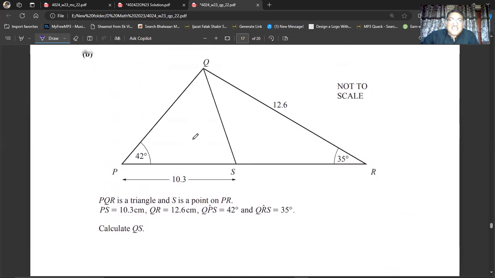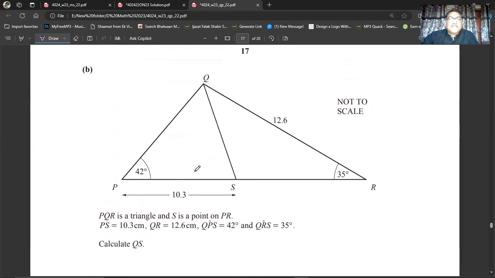The strategy is simple. You know this angle, you know this angle. So in this big triangle, you can find out this angle. So the angle PQR can be found. That will be 180 minus 42 minus 35. Once you know this angle, then you can apply the law of sine, the sine rule. Opposite to this side, you have 42 angle, and opposite to this angle, you have PR.